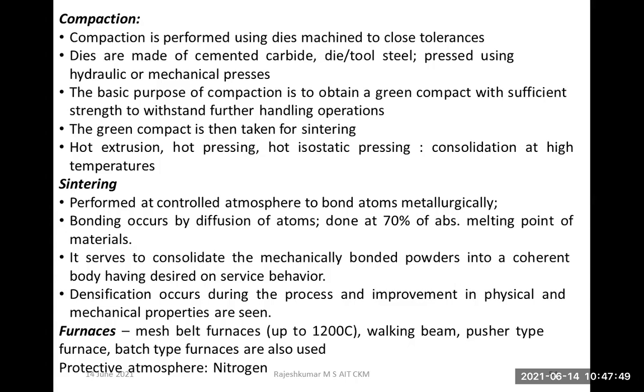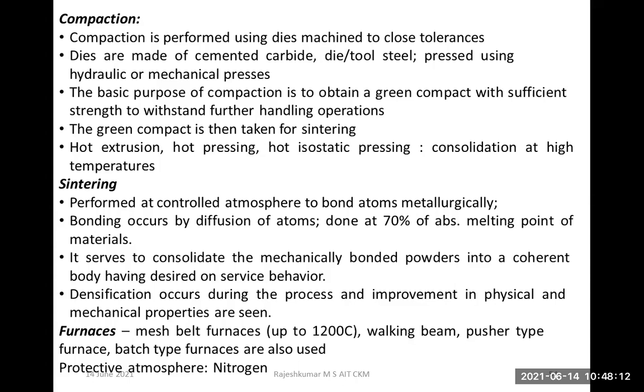Sintering is normally done under a protective atmosphere. The most commonly used atmospheres include endothermic gas and dissociated ammonia. Here, nitrogen is also widely used as a closed atmosphere technique because of the lower loss.